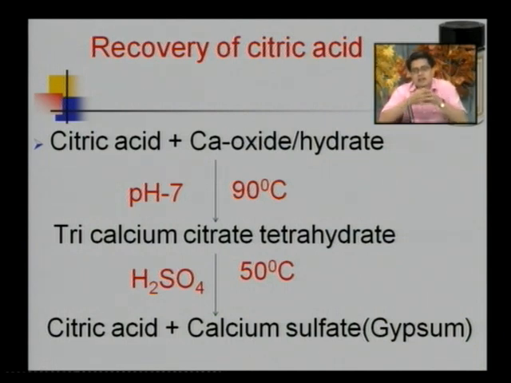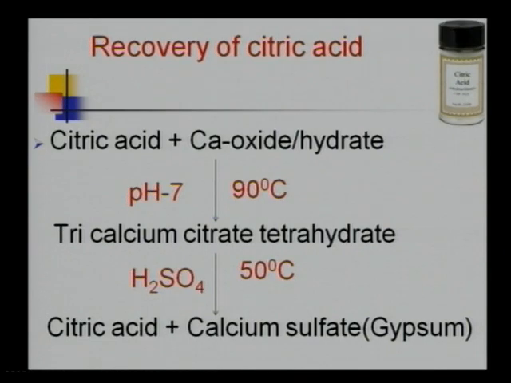Once the citric acid has been purified, it is concentrated by vacuum crystallizers, and crystals of citric acid are obtained. Dear students, the crystals of citric acid can be obtained in two forms. One form by which citric acid is commonly marketed is citric acid monohydrate, and the other is the citric acid anhydrous form.